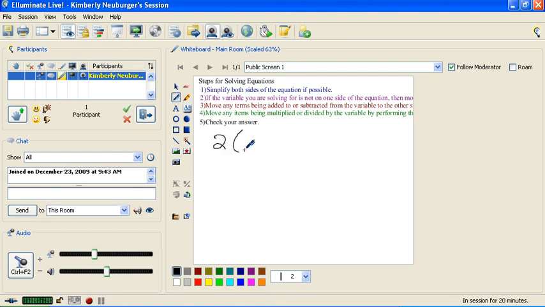We might have 2 times (3x minus 4) plus 6 equals 4 times (2x plus 3) on that side. Now, notice this looks really scary, but if we go through our steps one at a time, we will guide ourselves right through this problem and it won't be that hard at all.